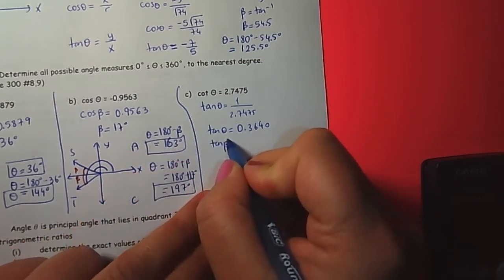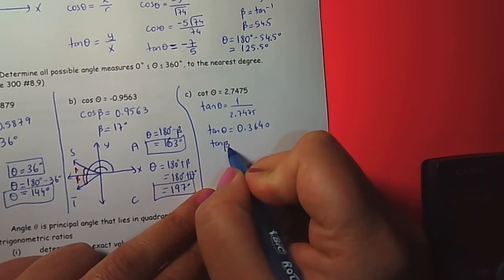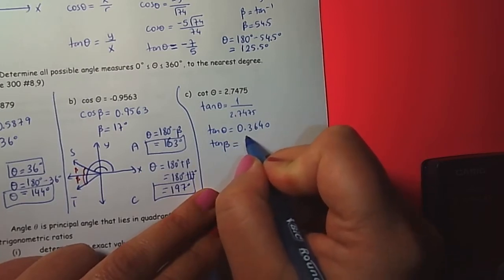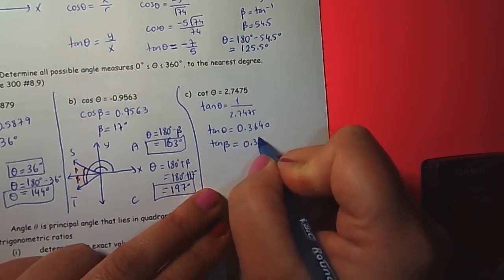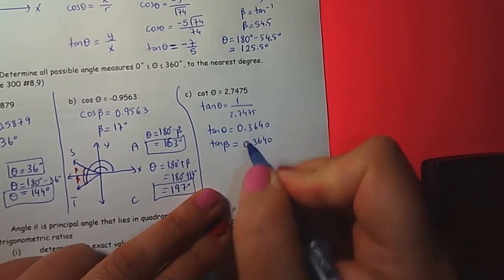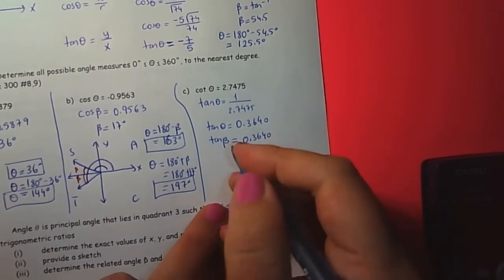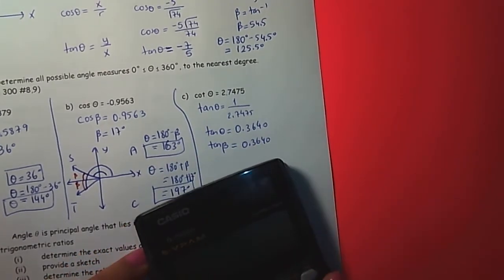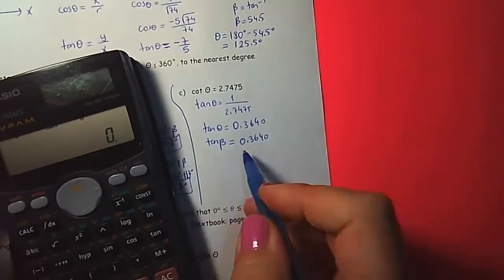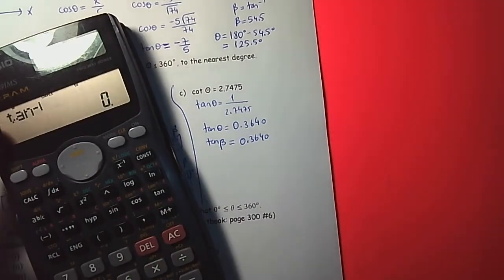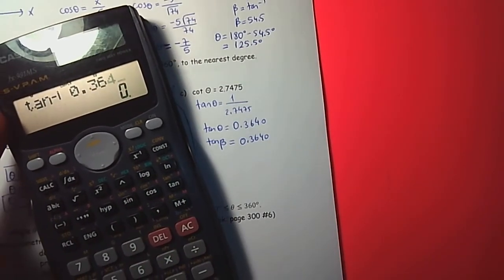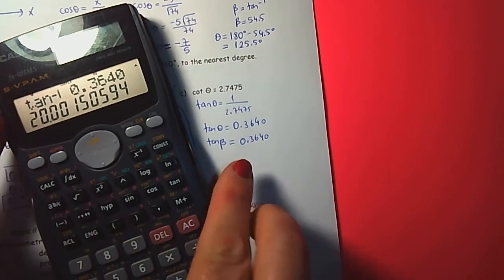First, we write the ratio for the related acute angle. We use the same number. If it was negative, we would make it positive, but it is positive, so we just keep it as positive. Now we can do tan inverse of this value. Tan inverse 0.3640 gives us 20 degrees.